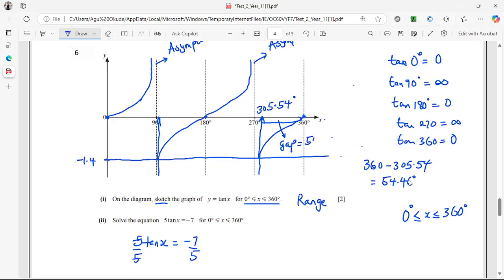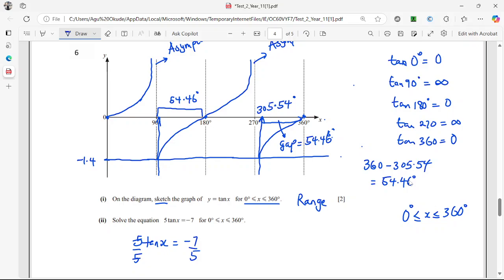So 54.46, right? Then because of the symmetry of the tangent graph, this gap must be the same as this gap here. So those gaps must be the same, symmetry of the tangent graph. So that means this gap here is 54.46.